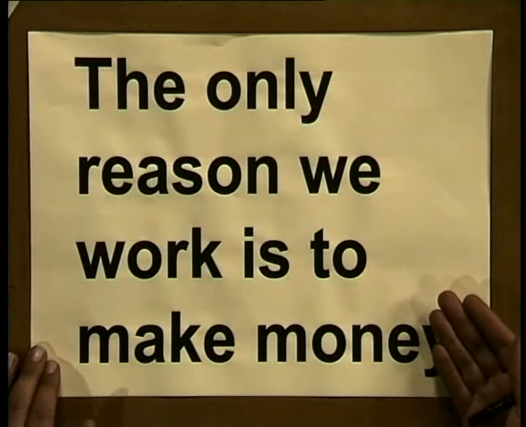Like the proposition, the definitions are very similar. The premise needs to be agreed to. So, for example, I might have stated, as we said, the only reason we work is to make money. But you could very strongly disagree with me. You might believe that other reasons exist for working, for enjoyment, for pleasure.